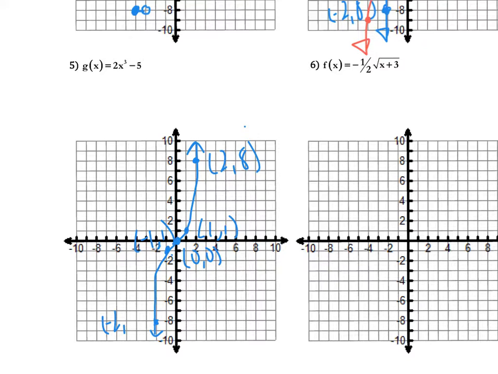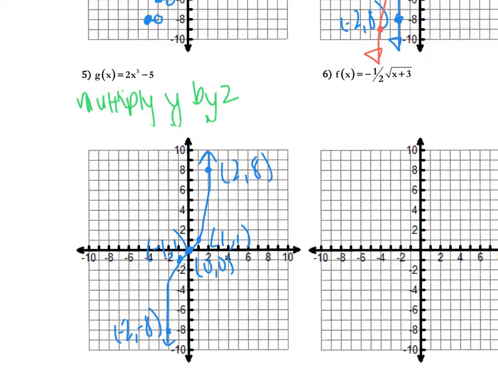And then after we're done doing that, go ahead and take a look. So we are going to multiply the y values by 2, because we're going to have a vertical stretch of 2, then for our transformation. So after our vertical stretch, then we're going to go down 5.